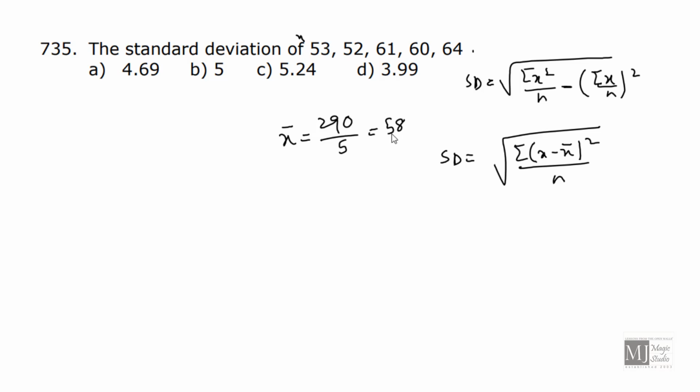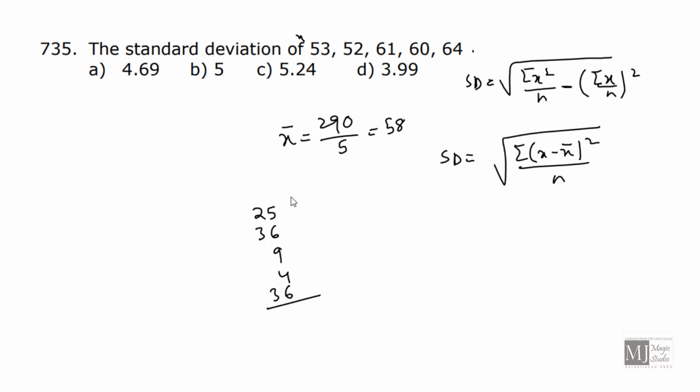53 minus 58 is minus 5, square is 25. 52 minus 58 is minus 6, square is 36. 61 minus 58 is 3, square is 9. 60 minus 58 is 2, square is 4. 64 minus 58 is 6, square is 36.